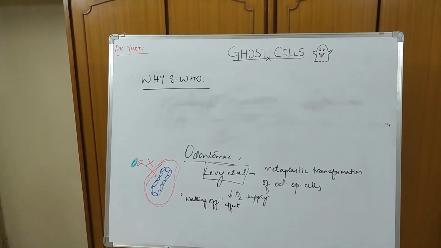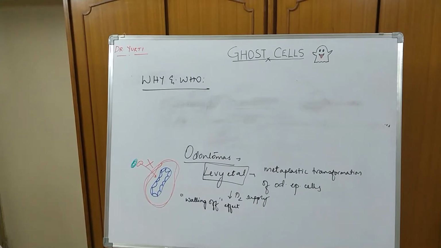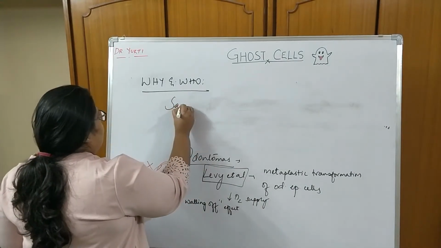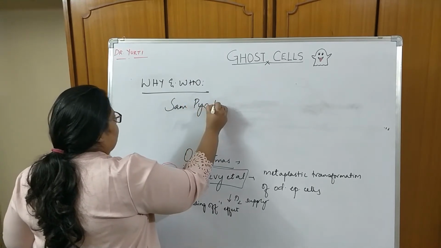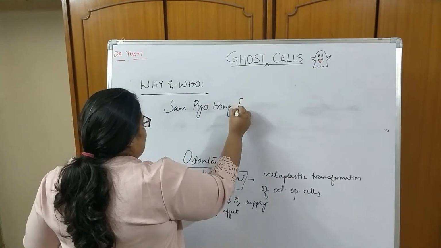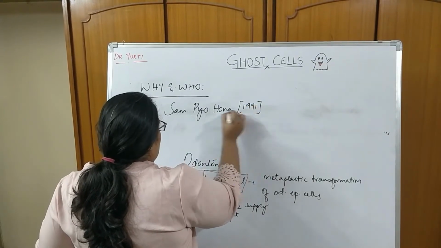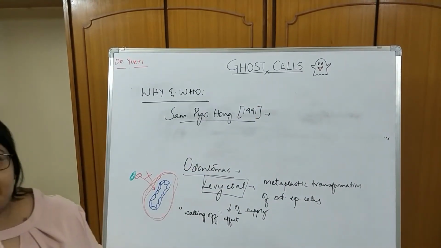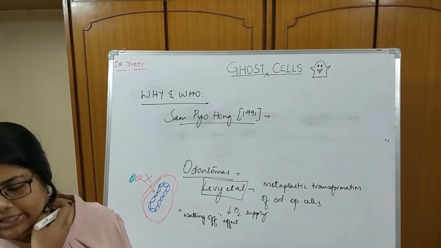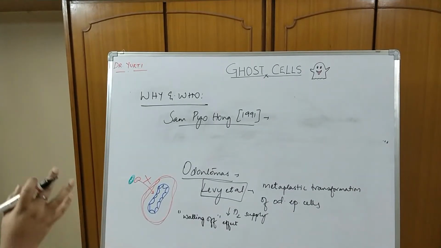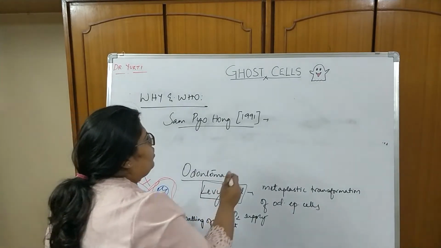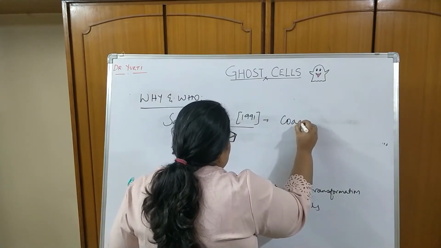Moving further, there is one more theory regarding this ghost cell. According to Sam Hum in 1991, he also observed the ghost cells in calcifying cystic odontogenic tumor, and what he said was these ghost cells are nothing but a result of coagulative necrosis.